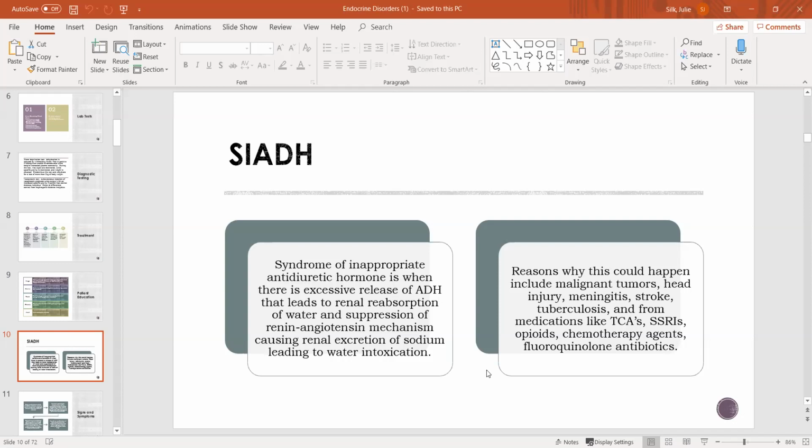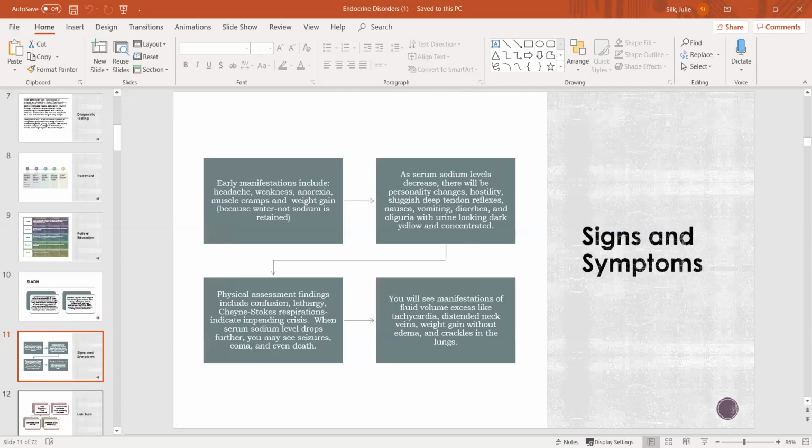So this person is going to have some different signs and symptoms. Think back to when we talked about fluid volume overload. That's what this person is going to be like. You're going to see things like weight gain. You might see high blood pressure with this one. You could see a fast heart rate.